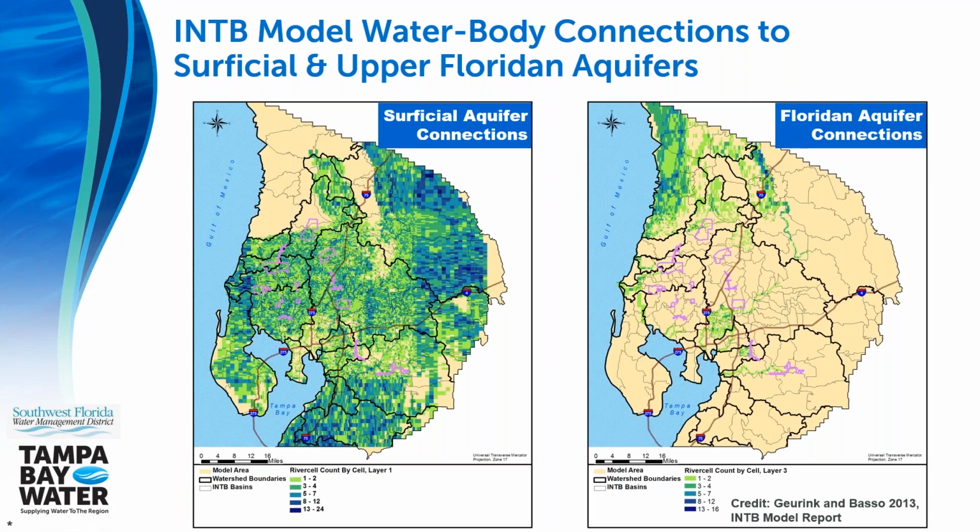The Surficial Aquifer does not exist. On the other hand, the Floridan Aquifer has the high density of these water bodies because the Floridan Aquifer is the topmost active layer. Floridan Aquifer is also connected to the major rivers, as you can see here throughout the system.